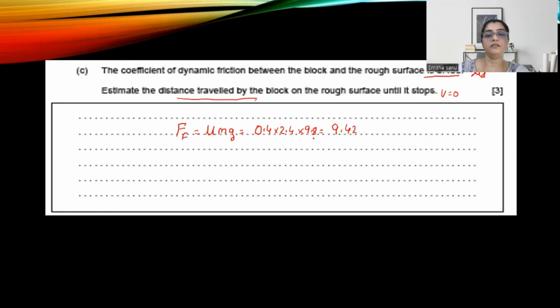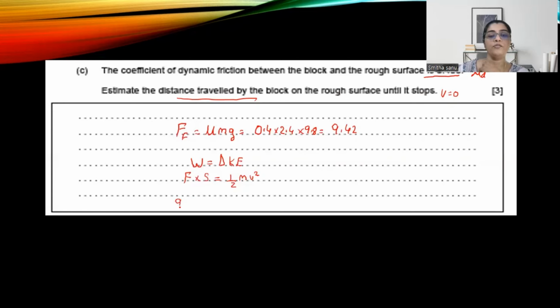Next is what is the distance traveled? Work-energy theorem, and prove that work done by the force of friction is change in kinetic energy. Work done by the friction is the force of friction times the displacement is equal to half mv square for the block.